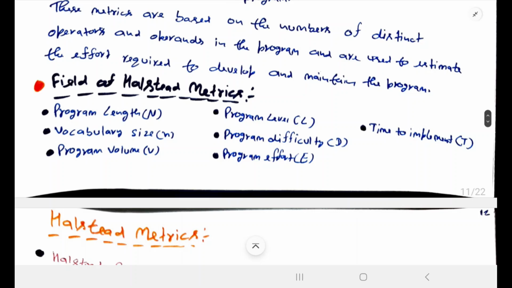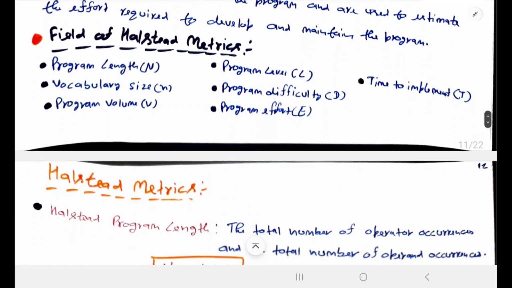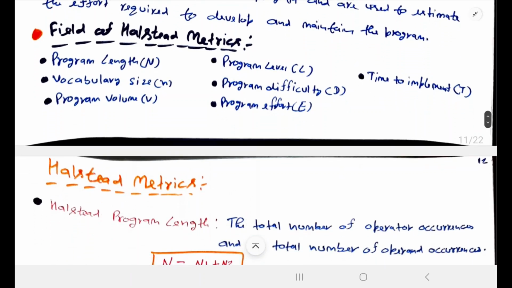Here we have some fields of Halsted matrices. These are all used in the upcoming equations, like program length denoted by n, program level denoted by L, time to implement T, vocabulary size N, program difficulty D, program volume V, and the program effort represented by E.